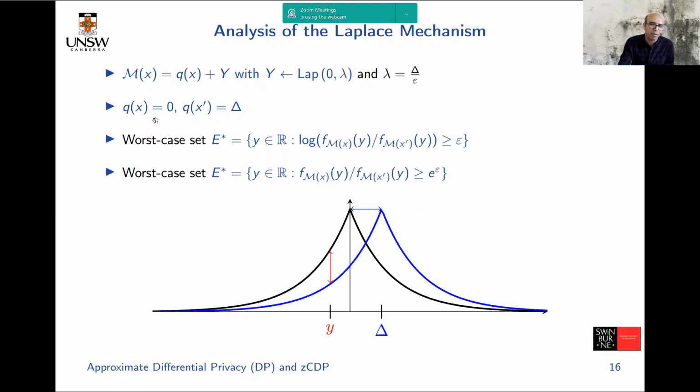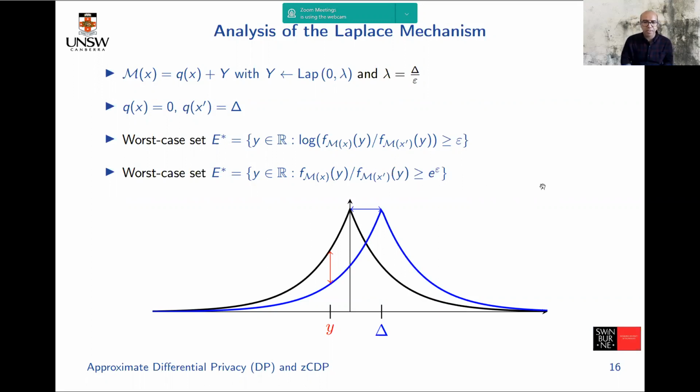Simply, if we take q(x) without loss of generality as q(x)=0 or q(x')=delta, then we need to find the worst-case set, which we call E star. Those sets include the y values for which the privacy loss is greater than epsilon, or the ratio of the probability density functions is bounded by e to the power of epsilon, below which you couldn't have those inequalities valid.